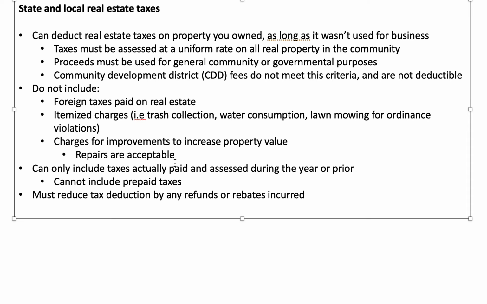You cannot include prepaid taxes. For example, in 2023, if you received an assessment for 2024 real estate taxes, you would not be able to pay that in 2023 and take the deduction. You would have to wait until 2024. You also must reduce your tax deduction by any refunds or rebates actually incurred.